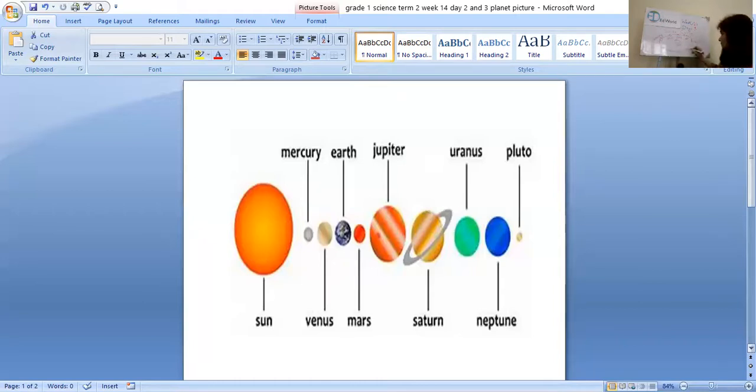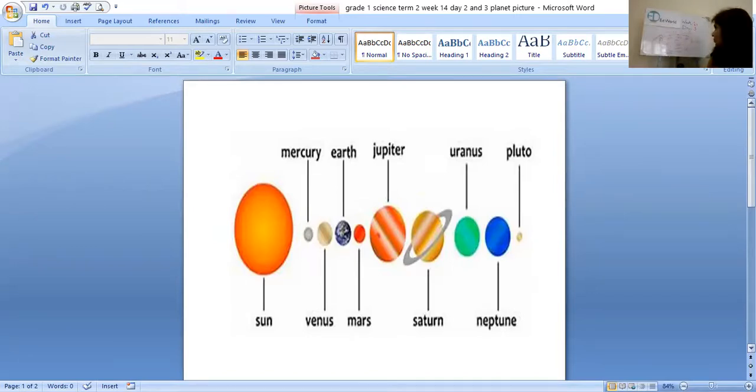Then after Jupiter, Saturn. Then after Saturn, Uranus. After Uranus, you write down Neptune. And the last one is Pluto.